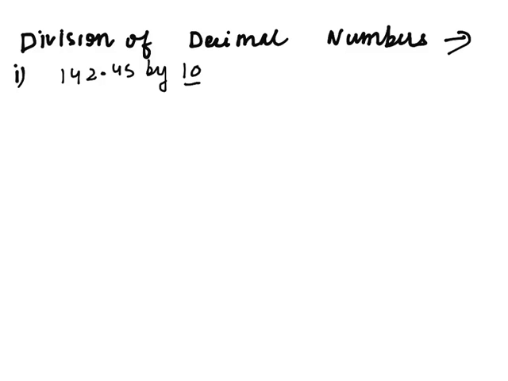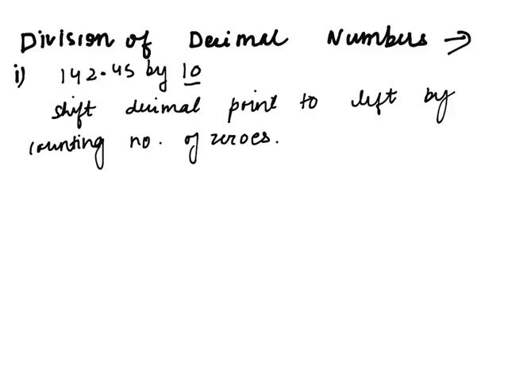So in decimal what we do, we shift the decimal point by one place to the left. So we will get the answer 14.245. While dividing we have to move the decimal point towards left.